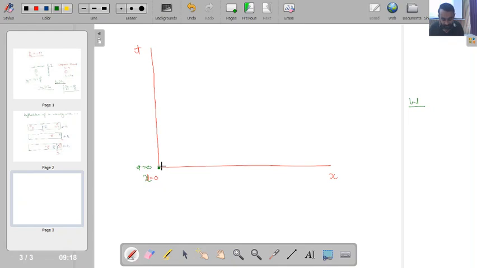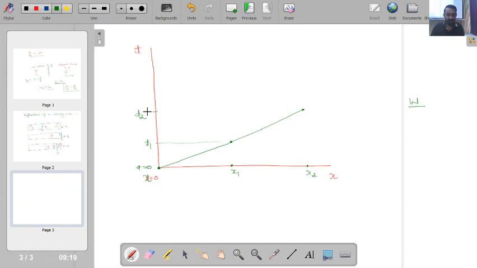When it is moving with constant velocity w, some location will come in its path which is identical to x1, and corresponding to this x1 location my time is t1. Then further it will keep on moving with constant velocity till it reaches point x2, where my time is t2.